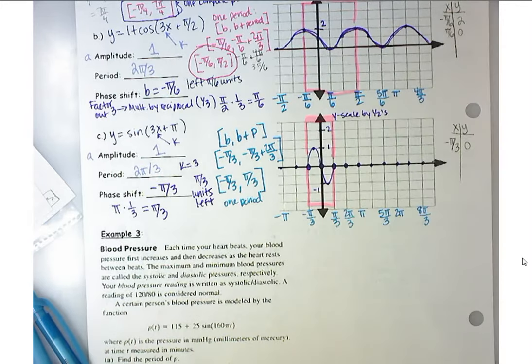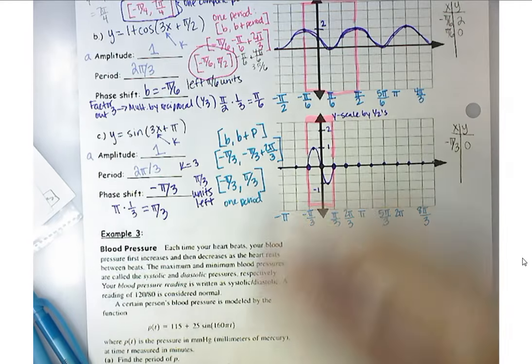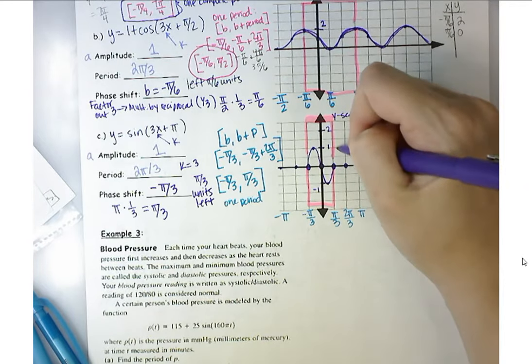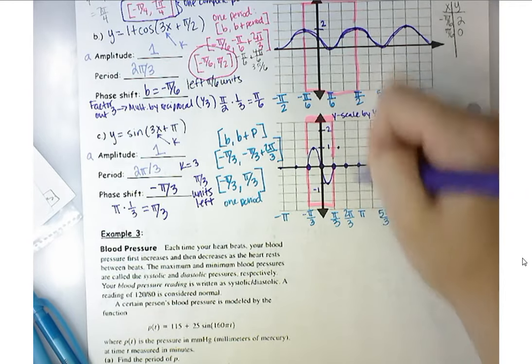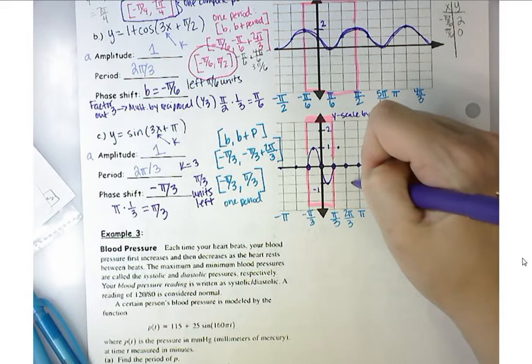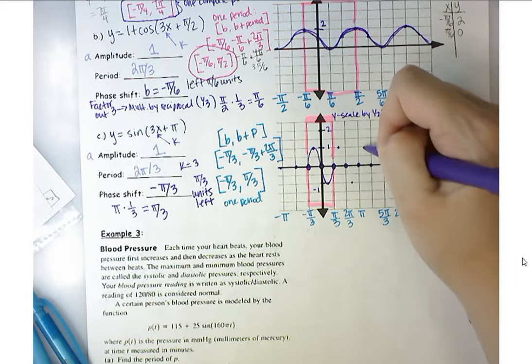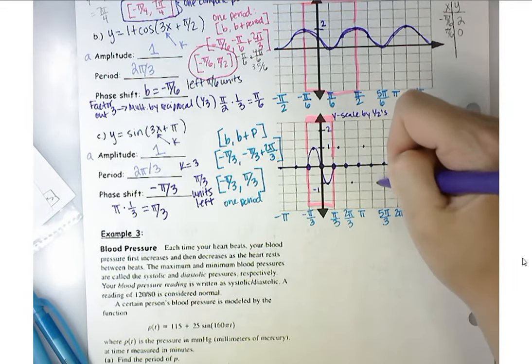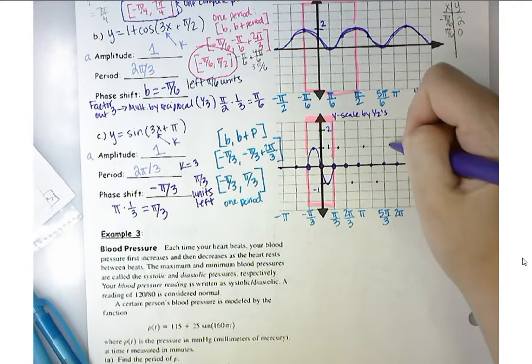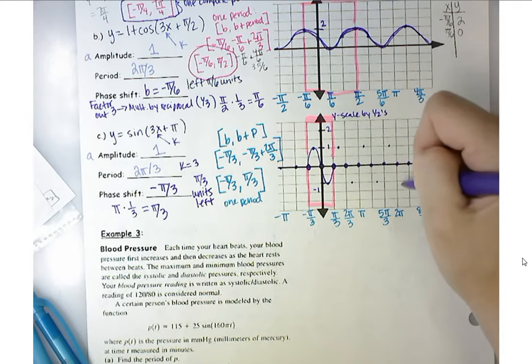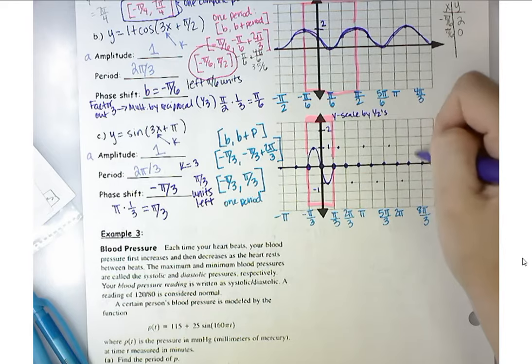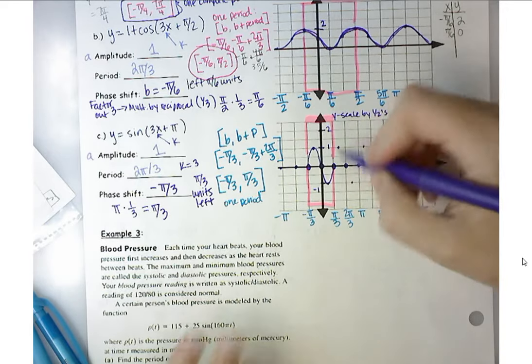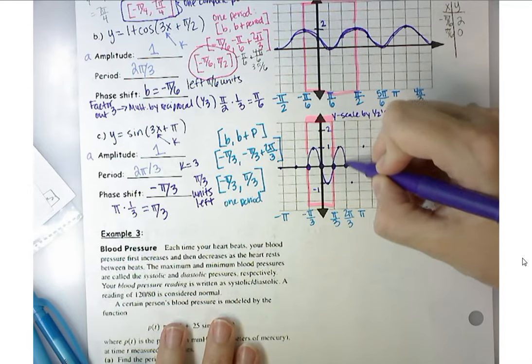Yes, that's the middle one. And then halfway in between here, I go up. Halfway, I go down. Halfway, I go up. Halfway, I go down. Up. Down. Halfway, I go up. Halfway, I go down. Okay, and then I'm going to curve this through.